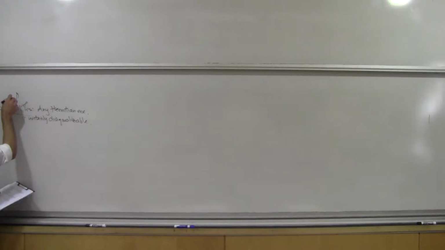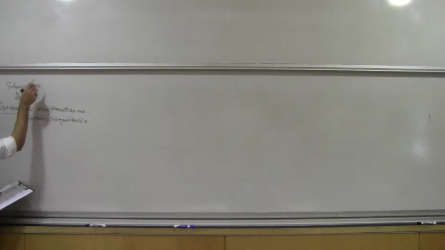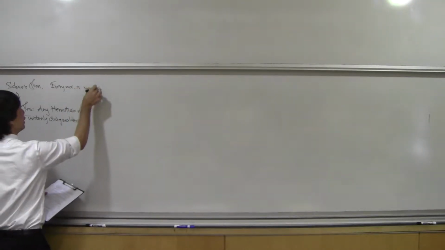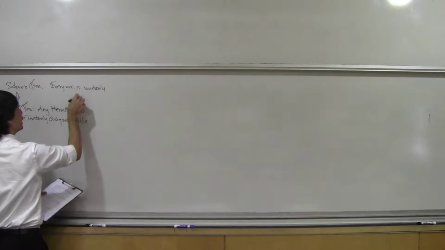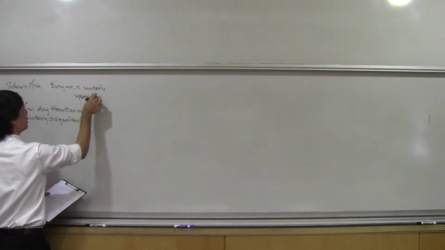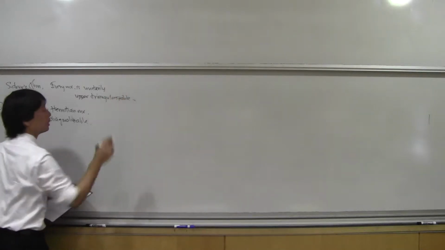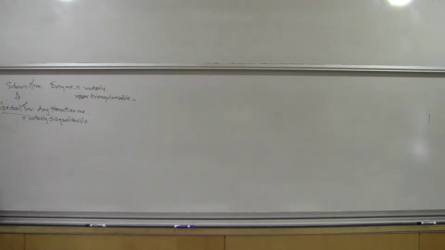It was basically a quick consequence of Schur's theorem that every matrix is unitarily upper triangularizable. And what we said we were going to do today was this thing about normal matrices.